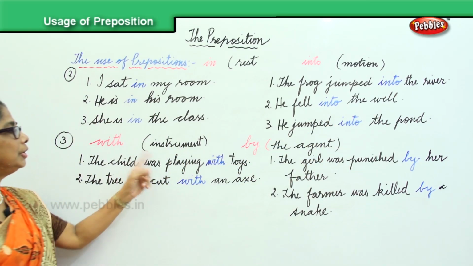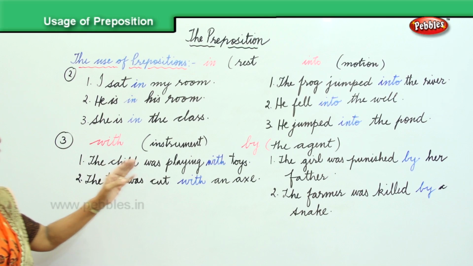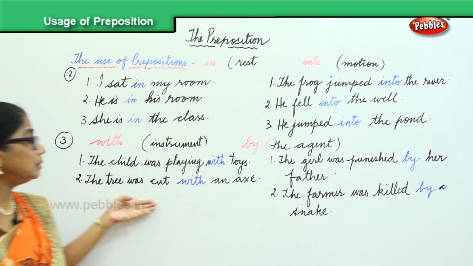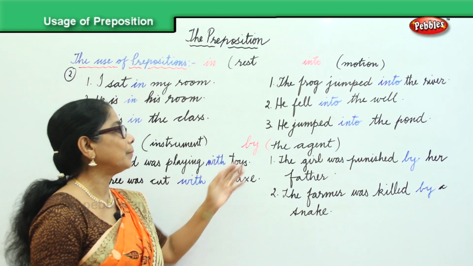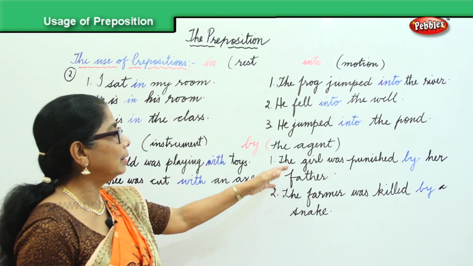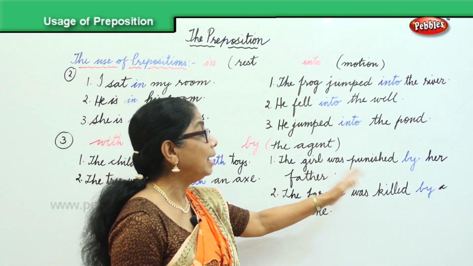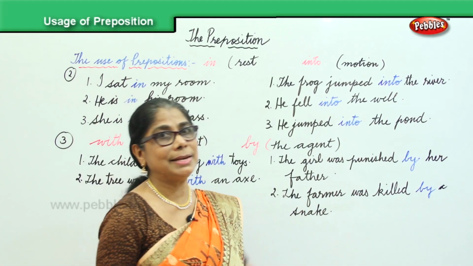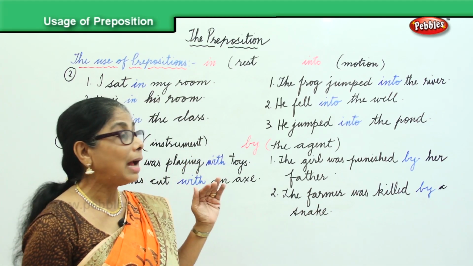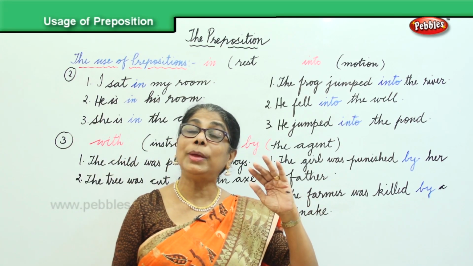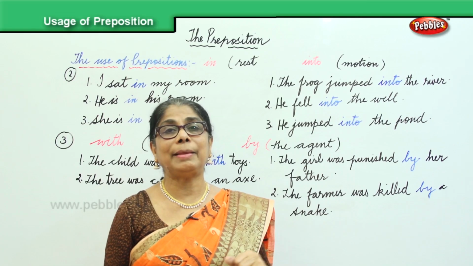We're talking about the instruments used here. The child was playing with toys. The tree was cut with an axe. Agent, what agent is used here? The girl was punished by her father. The farmer was killed by a snake. So by using the words as you go along, you will master the prepositions.